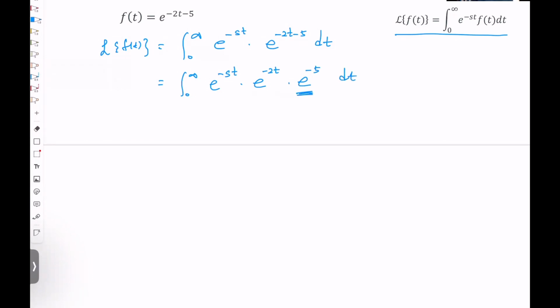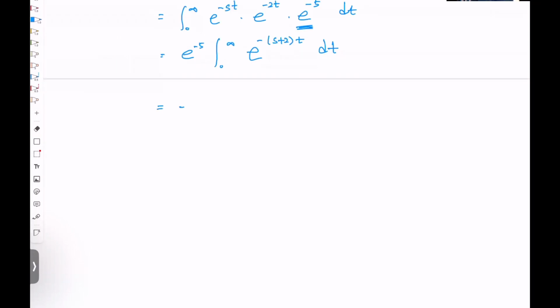This term is the constant, so e to the negative 5, integral from 0 to infinity. We can take out the negative sign, e to the negative s plus 2, and both have the t right there, dt. So now we can take the integral: e to the negative 5, 1 over negative s plus 2, and e to the negative s plus 2 t from 0 to infinity.